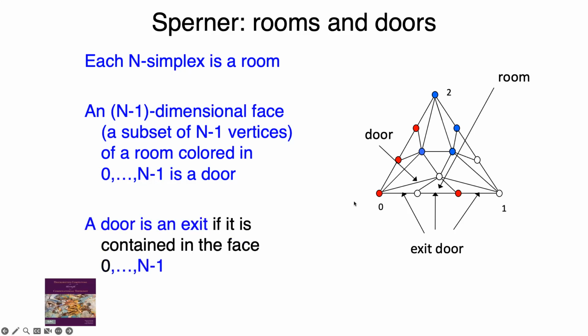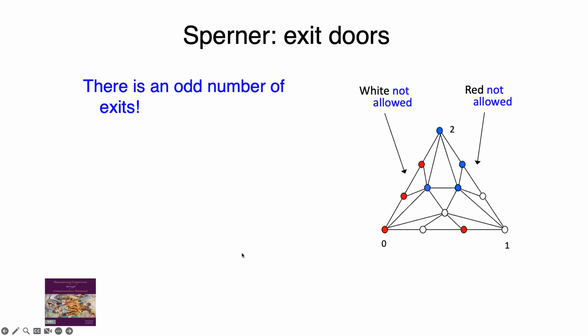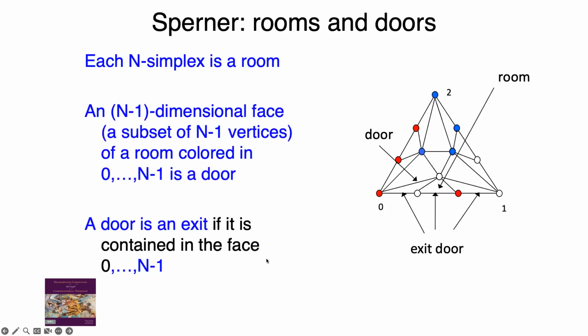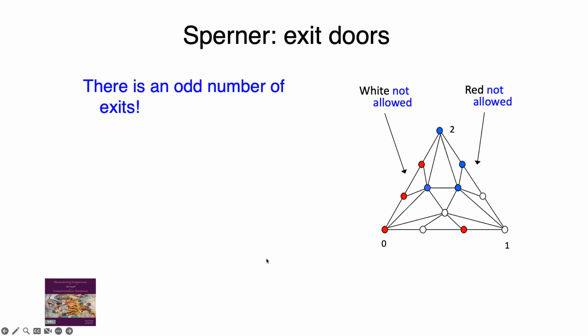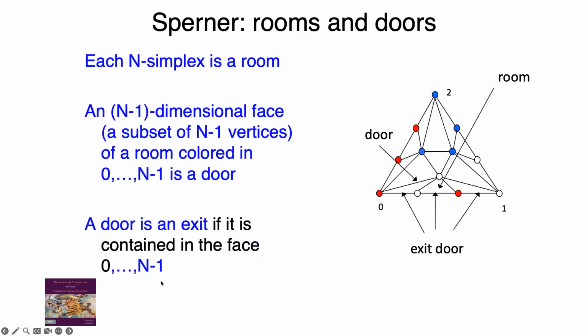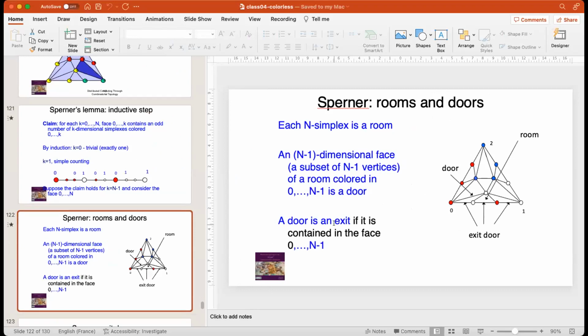Okay. Good. There is an odd number of exits. Let me correct a little bit. This is not very nice because a door is an exit if it resides on the boundary.